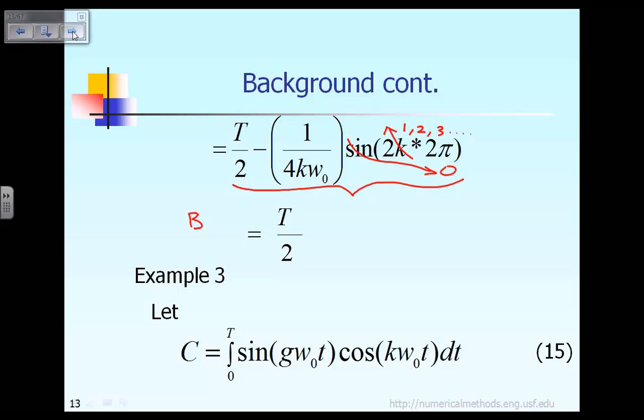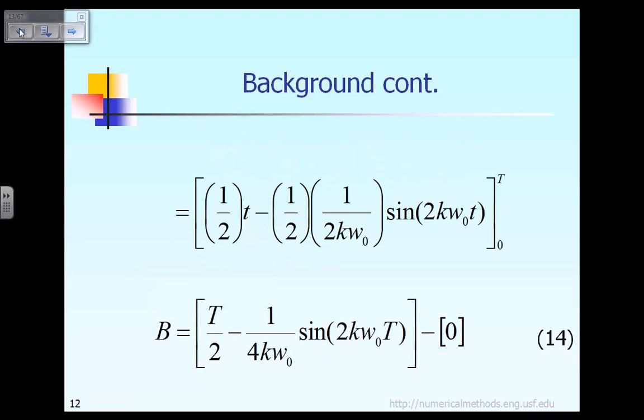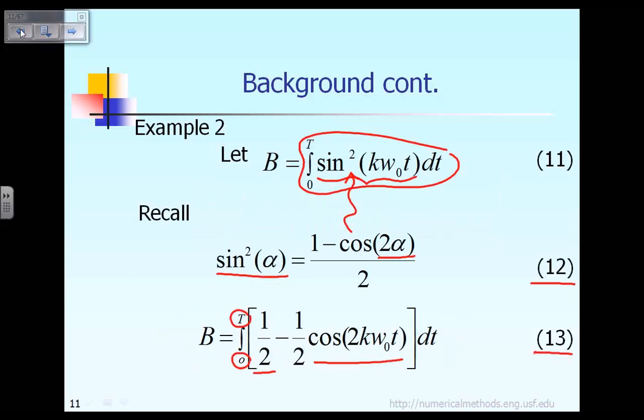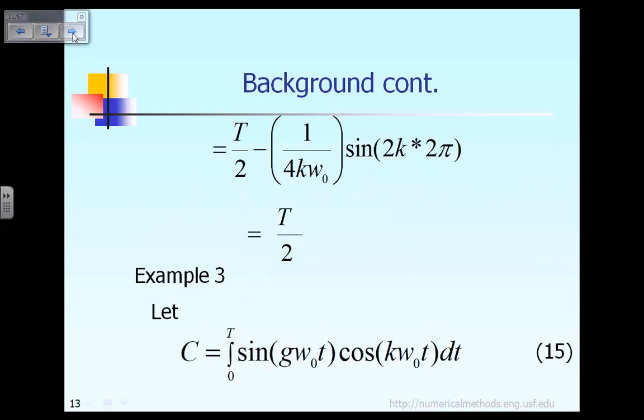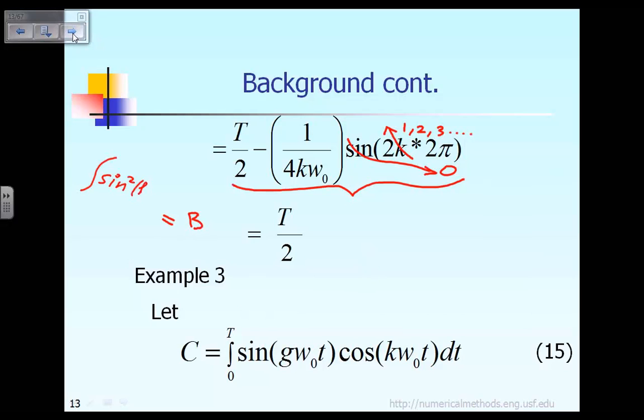According to the previous slide's definition, B is defined as the integral of sin squared k omega naught t dt between 0 and the period capital T, as shown in equation 11.